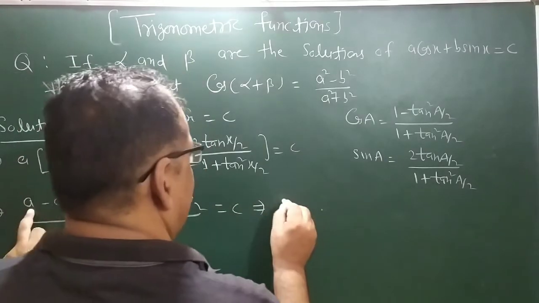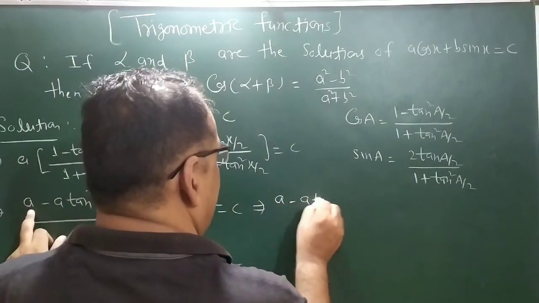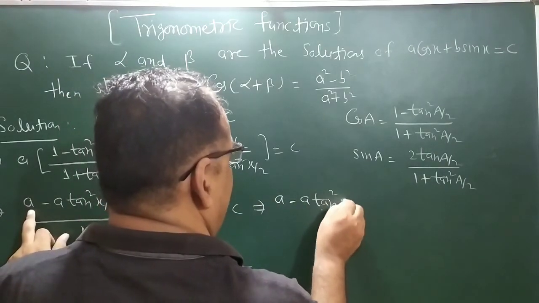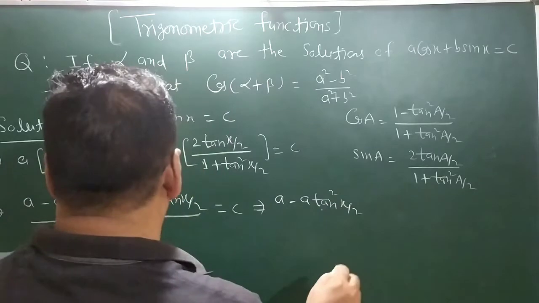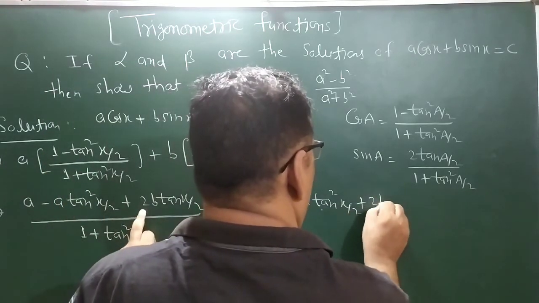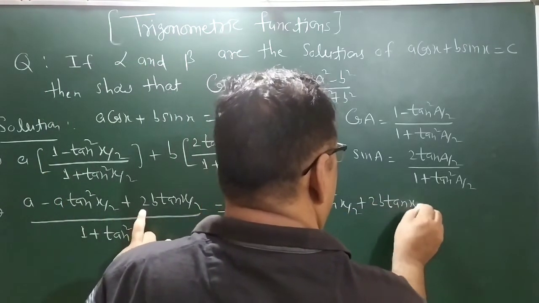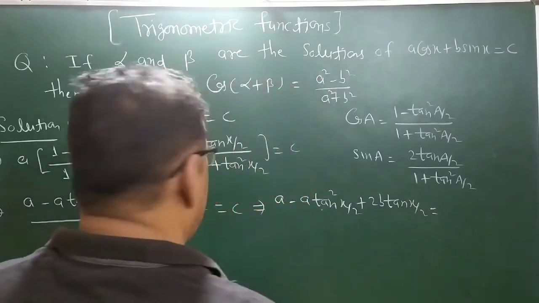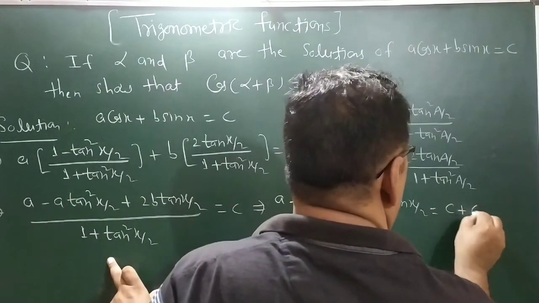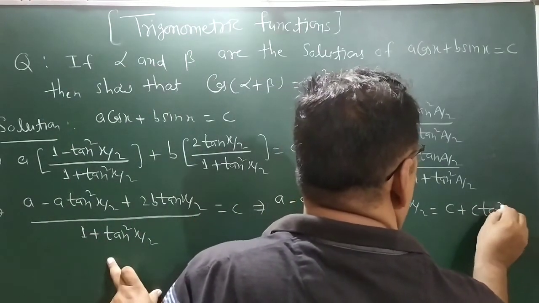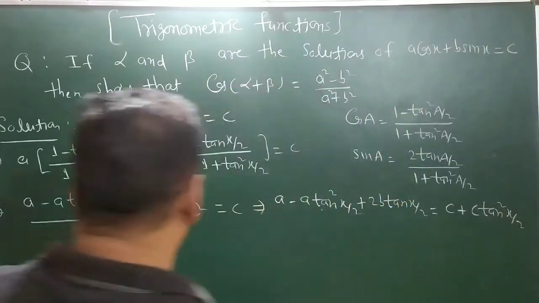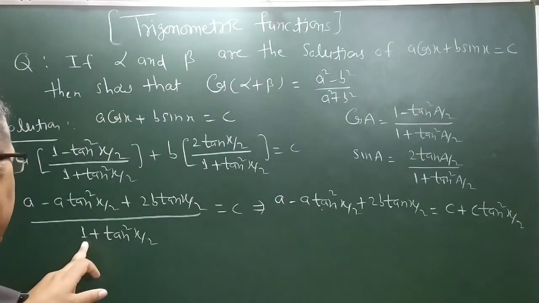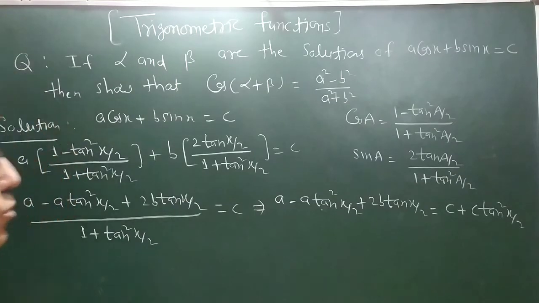If we take cross multiplication, these can be arranged as a minus a tan square(x/2) plus 2b tan(x/2) is equal to, on the right hand side, c plus c tan square(x/2).